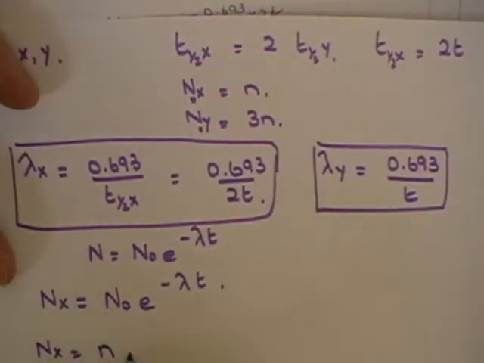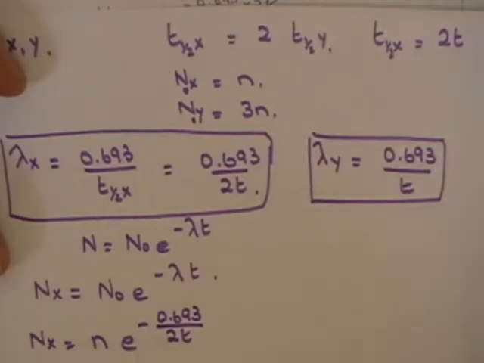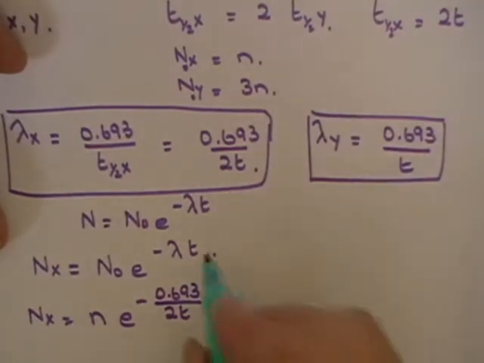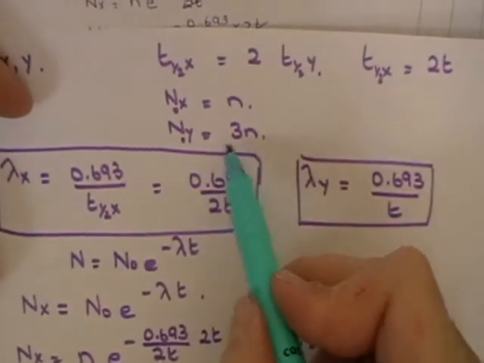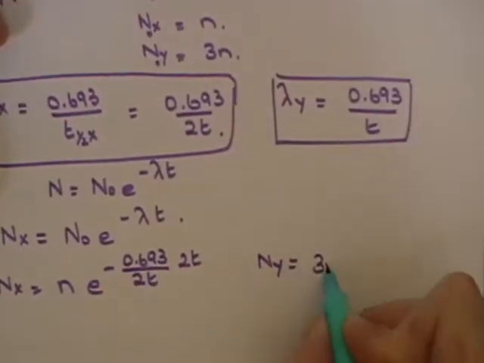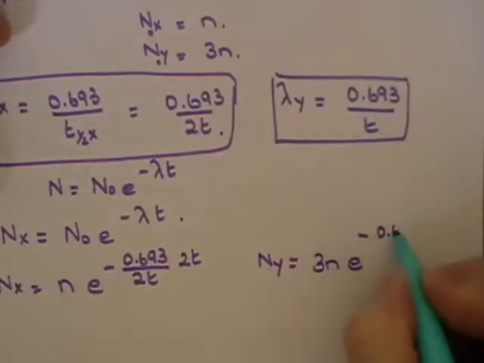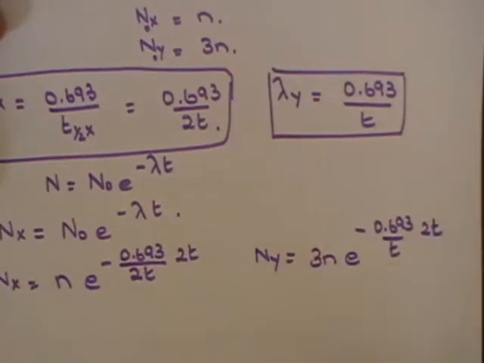Nx equals N e to the minus, now lambda is 0.693 over 2T for X. You can see up there. And the length of time that's passed is 2 times the half-life, which I called T. So that's 2T there. For Ny then, Ny started out with a total number of nuclei of 3N. E to the minus, there's the decay constant, 0.693 over T. And the length of time that's passed again is 2 half-lives or 2 T's.